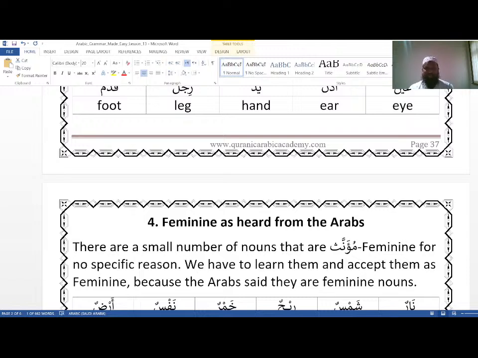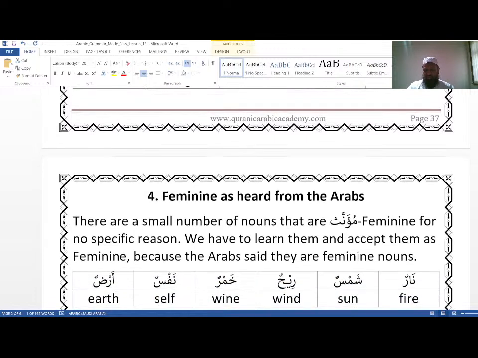They are feminine and we accept them as feminine because the Arabs said they are feminine nouns, heard from the Arabs. Like narun, fire, shamsun, sun, rihun, wind, khamrun, wine, nafsun, self, ardun, earth.